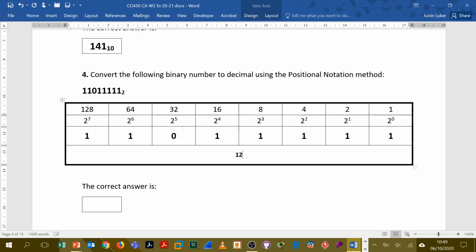So here we've got 128 plus 64 plus 16 plus 8 plus 4 plus 2 plus 1.